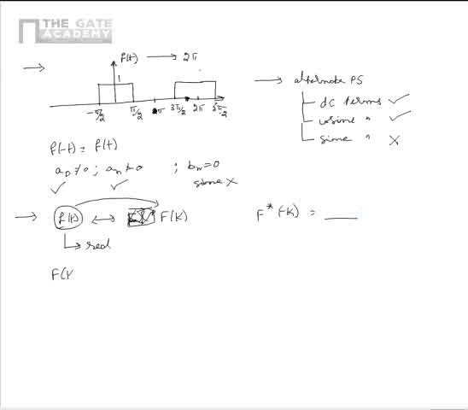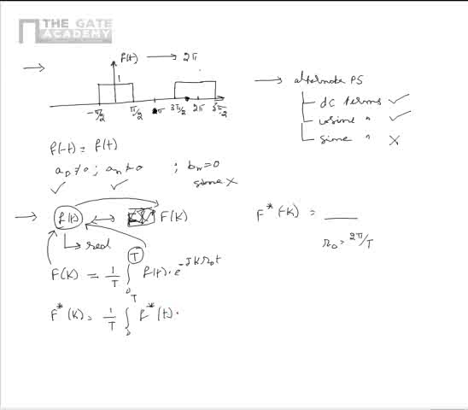We know that F of k, that is the complex Fourier series representation of given f of t, is given as F of k is equal to 1 by T integral 0 to T, where T is the time period of the given signal, f of t multiplied by e power minus jk omega naught t, where omega naught is equal to 2 pi by T. From this we can say that F star of k is equal to 1 by T integral 0 to T f star of t multiplied by e power jk omega naught t.